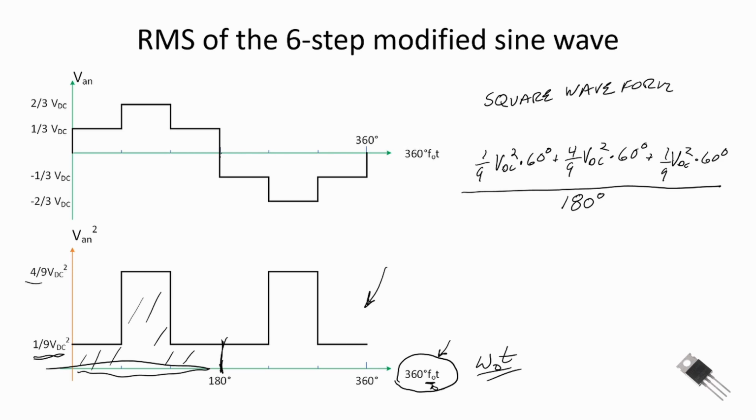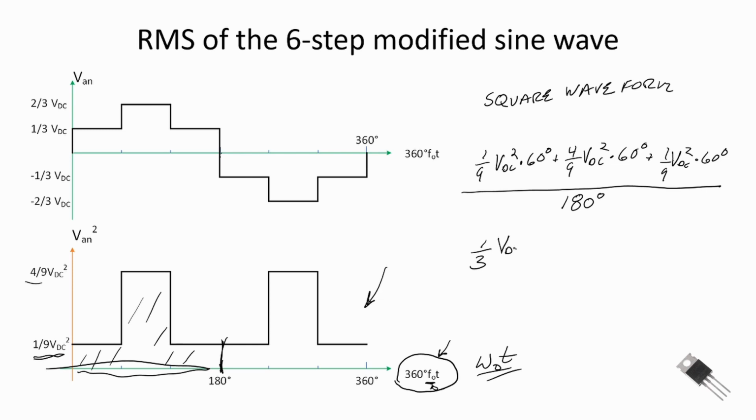So again, just different scaling depending on how you want to represent the axes. Now we can solve this equation. Again, this is the mean of the square of our waveform, and we see the 60 degrees would factor out divided by the 180 degrees, and that would give us a 1/3 in the front of this equation.